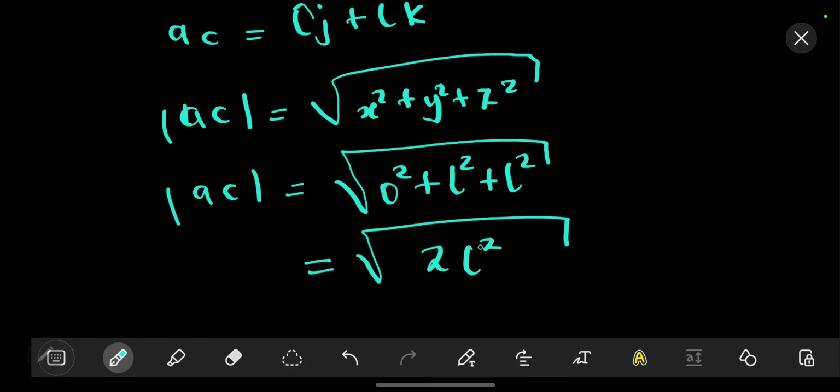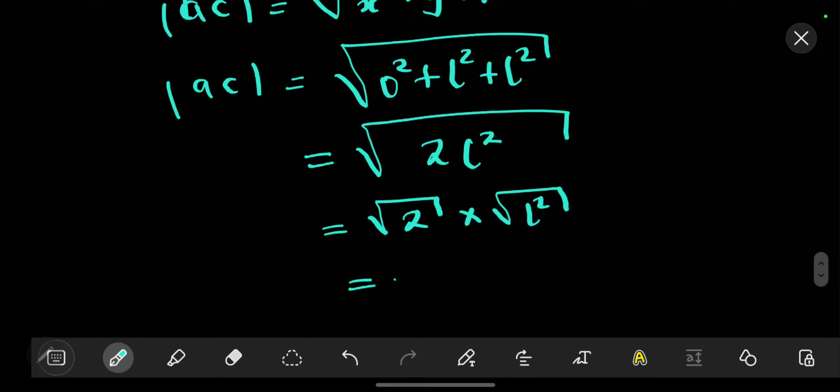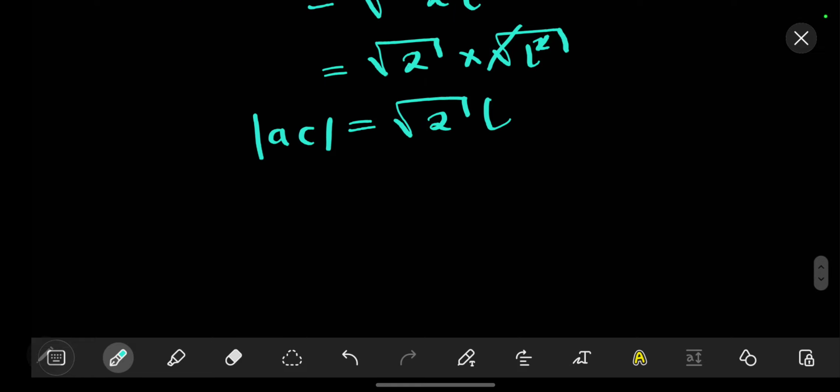So already we can distribute this by saying this is the same as the square root of 2 times the square root of L squared. So this one will give us the square root of 2, then this squared and this one will cancel. So we have this. So this is the magnitude of our AC, like that. So we have found our magnitude of AC.